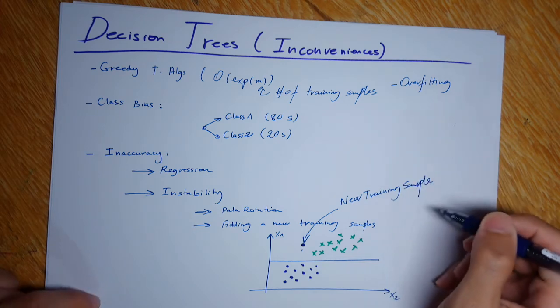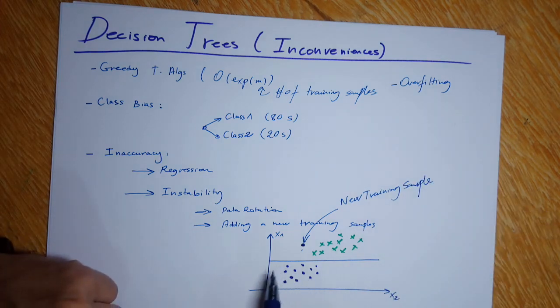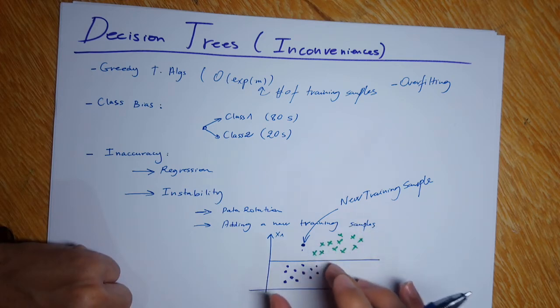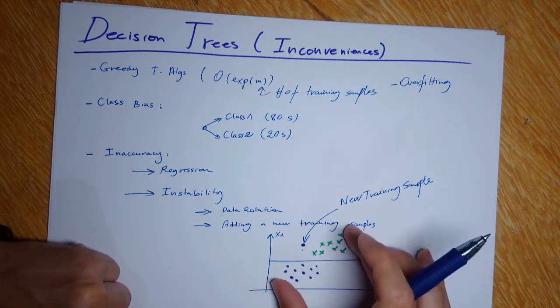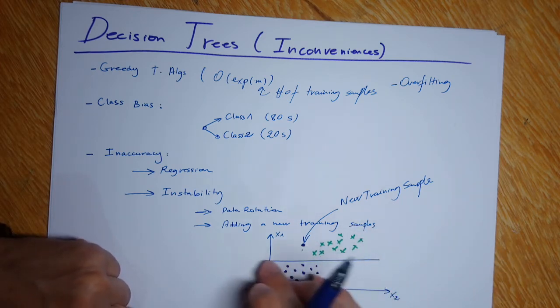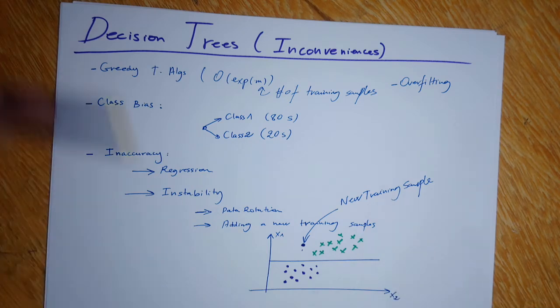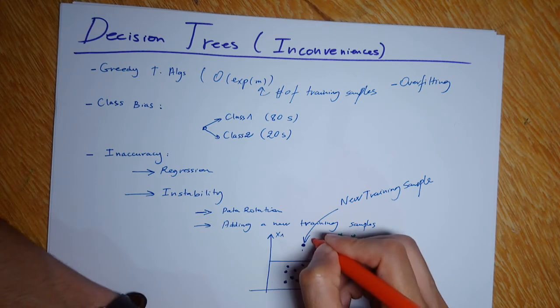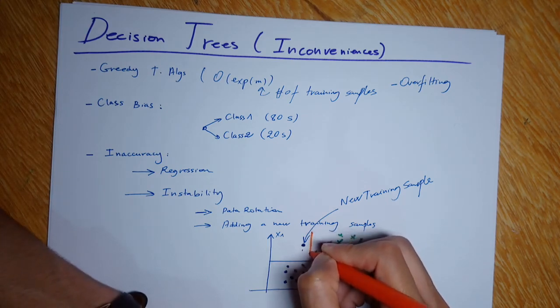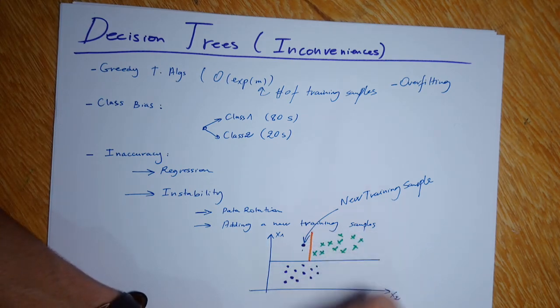In that case, the model that would be created on the training data set with this new sample would be completely different. I would get a boundary like this one. The decision tree would try to create a boundary here to separate this data point as well, and the final boundary would be like that.